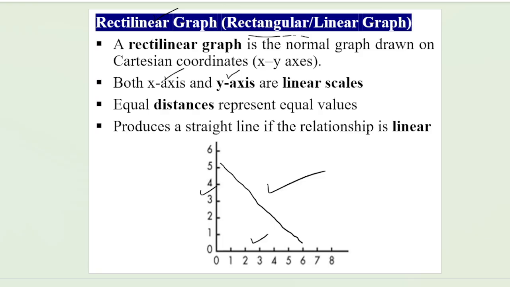So taken together, the rectilinear graph is plotted on the x-axis and y-axis, the distance is equal, and if the line is straight, there will be a linear relationship, and it is used in pharmacokinetics.